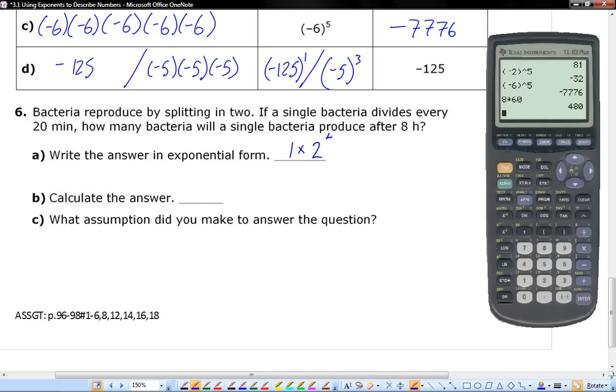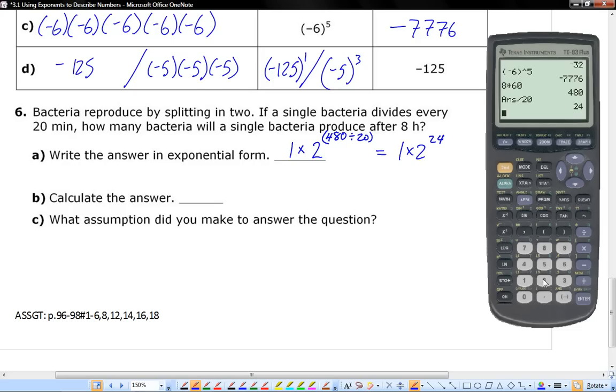So we've got 480 minutes here, and if we divide that by 20, then that means that we have 24 times that we are doubling the number of bacteria.